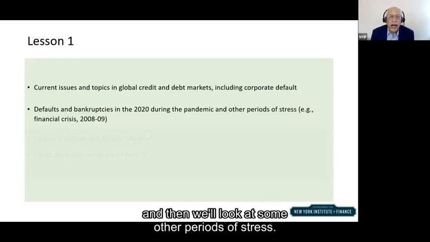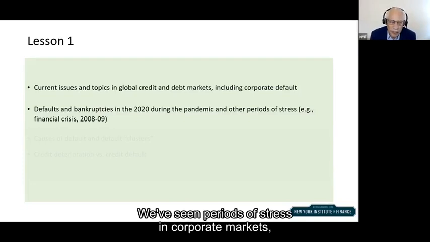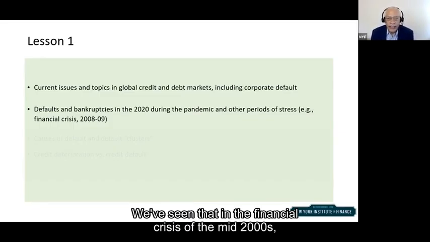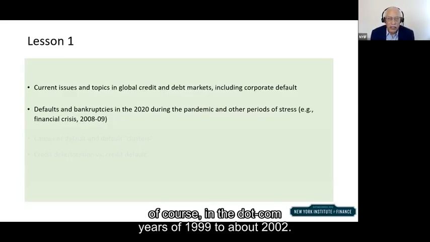And then we'll look at some other periods of stress. We've seen periods of stress in corporate markets, debt markets, corporate exposures. We've seen that in the financial crisis of the mid-2000s. We saw that, of course, in the dot-com years of 1999 to about 2002.